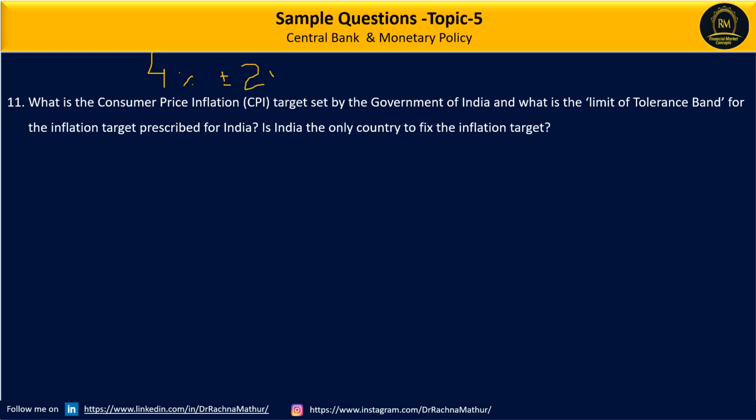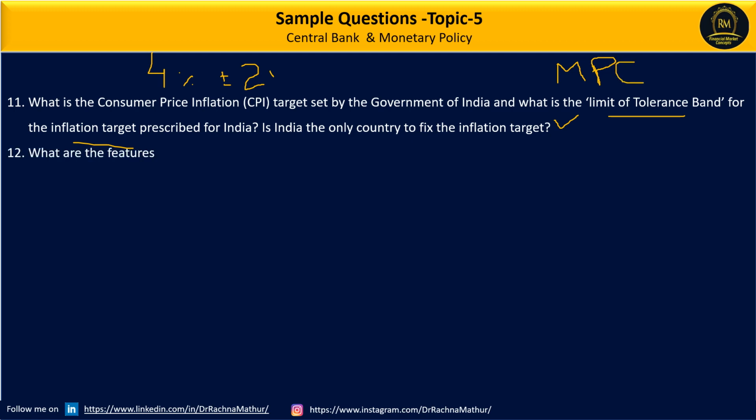That is the limit of tolerance band prescribed for India. Now, India is not the only country to fix an inflation target. Many countries have already fixed the inflation target prior to India. You can see the list of these countries in the article written by Professor Pami Dua on the Monetary Policy Committee report.